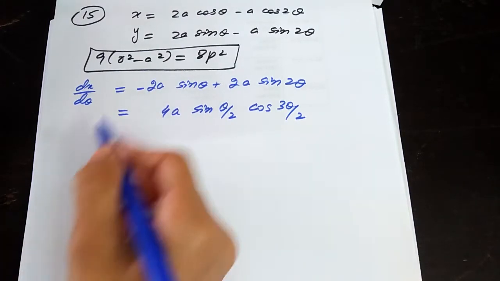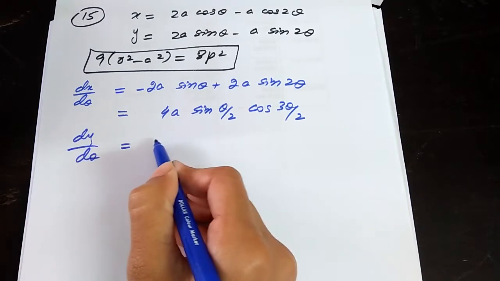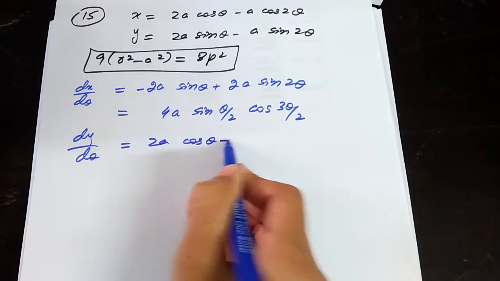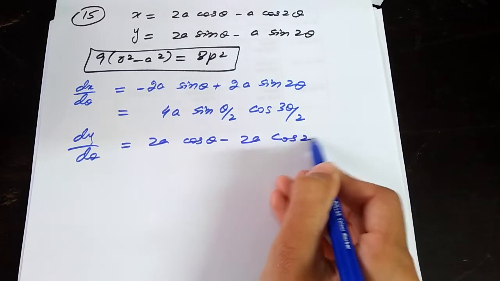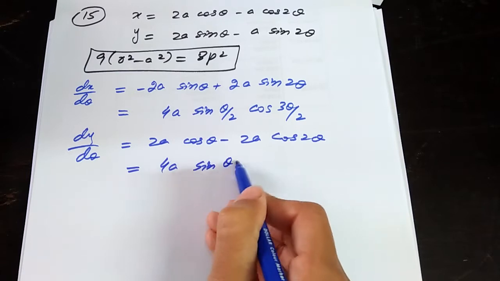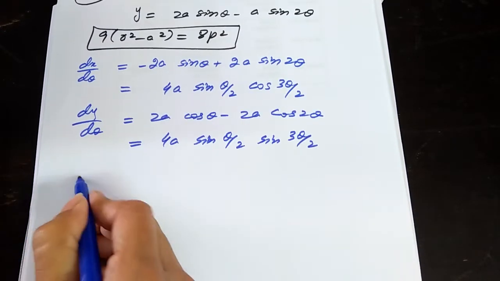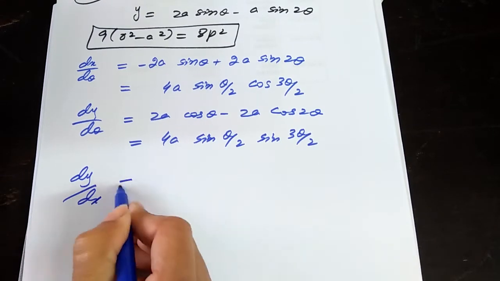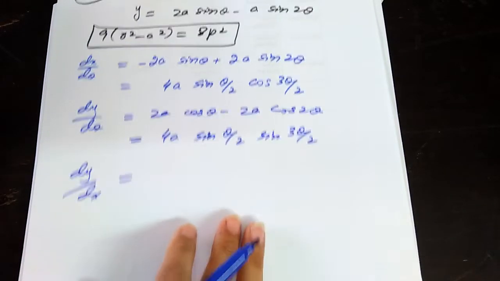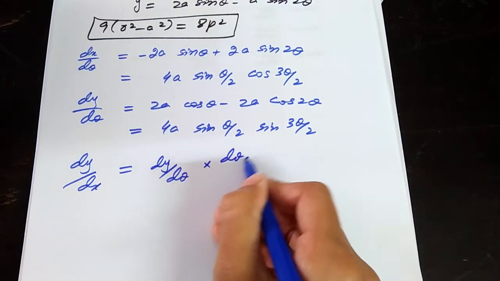Then from this y, we will find dy by d theta, that is equal to 2a cos of theta minus 2a cos 2 theta, that will be equal to 4a sine of theta by 2 sine of 3 theta by 2. Now we need the slope, that is dy by dx, that is equal to dy by d theta into d theta by dx.